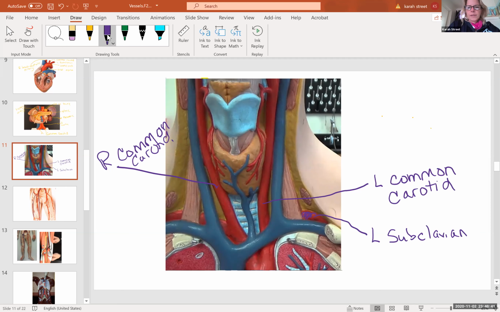I can color it in, and actually I can see it start to branch off the aortic arch down here. And then this right here is the right brachiocephalic artery. Again, there is not a left brachiocephalic artery. It branches into the right common carotid and then the right subclavian.